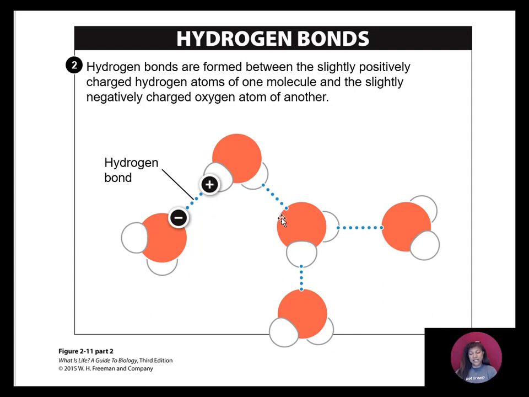And so we start to see the polarity causing hydrogen bonding between the oxygen of one water molecule and the hydrogen of another water molecule. And you would think, okay, so why does that matter? Well, it actually ends up giving water some very unique properties.